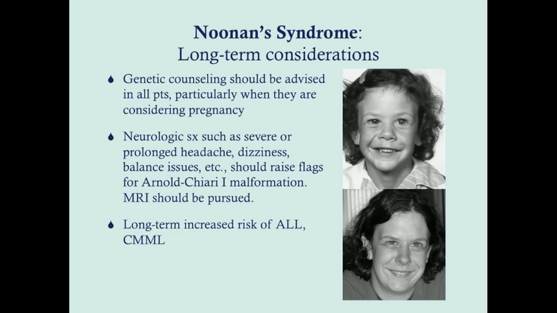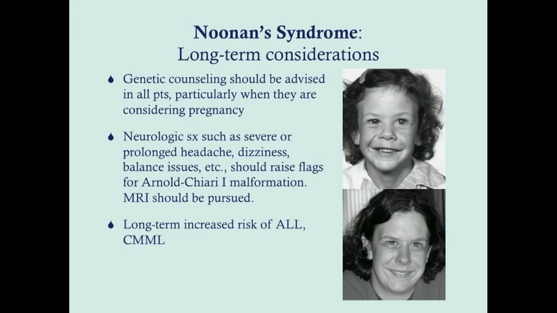So long-term considerations, genetic counseling should be advised in all patients, particularly when these patients get a little older and they're considering pregnancy. Remember that if a woman has Noonan syndrome, her risk of giving that disease to her child is going to be about 50%.